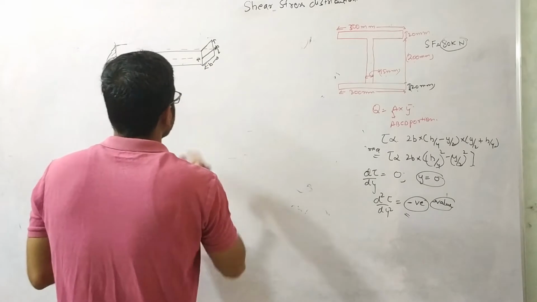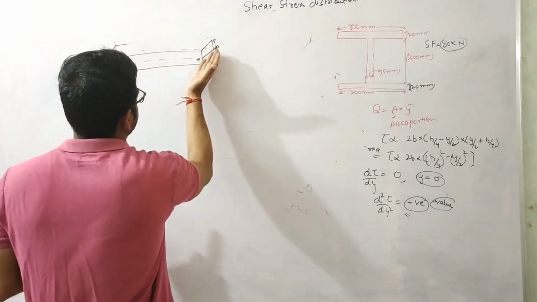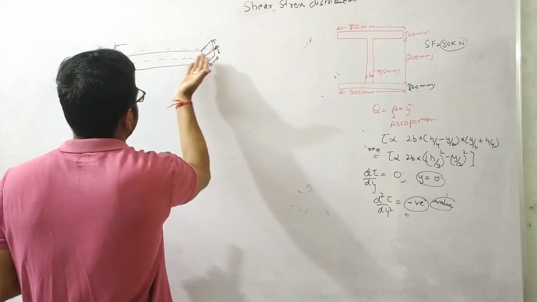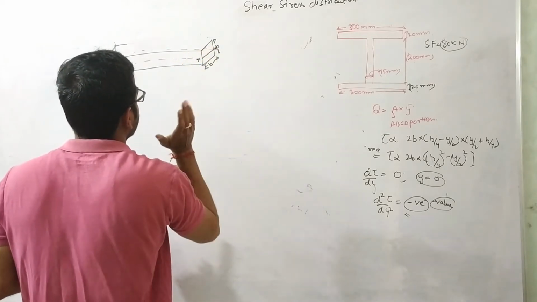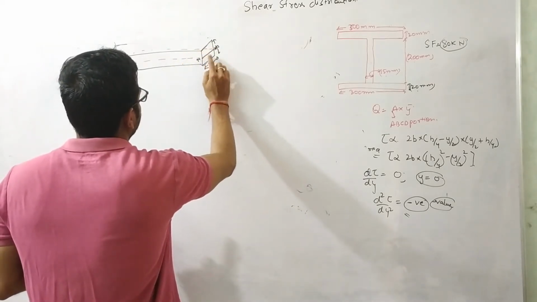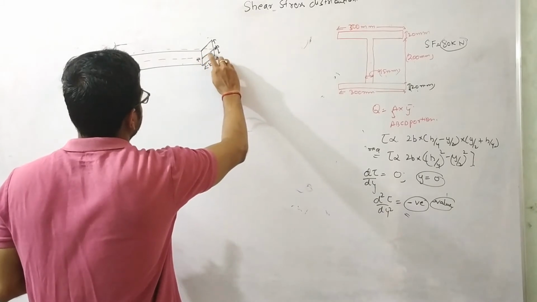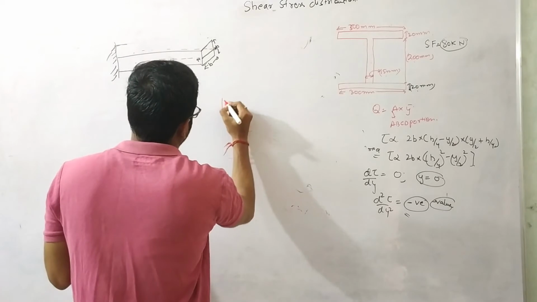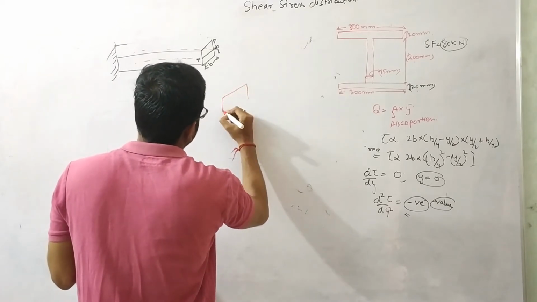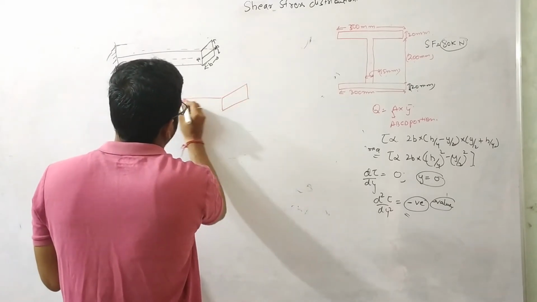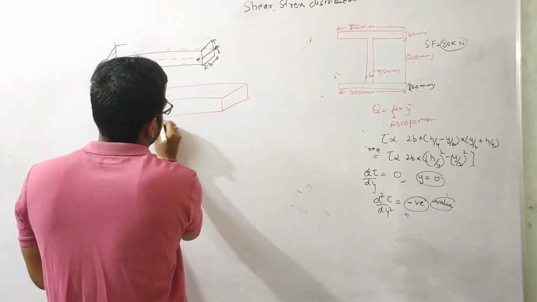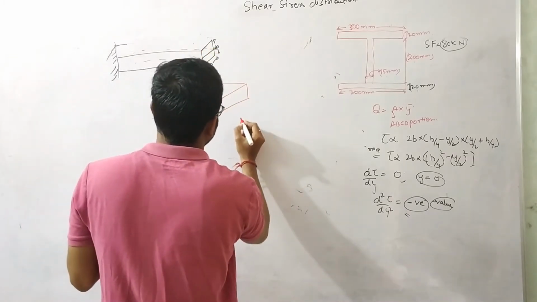So what I am doing here is cutting this beam along the longitudinal axis, along the plane passing through the neutral axis. So I will have two portions. One portion will look like this, the top portion.